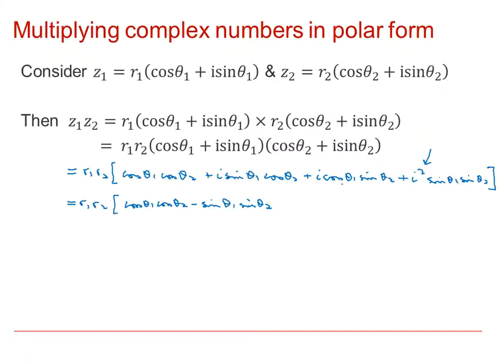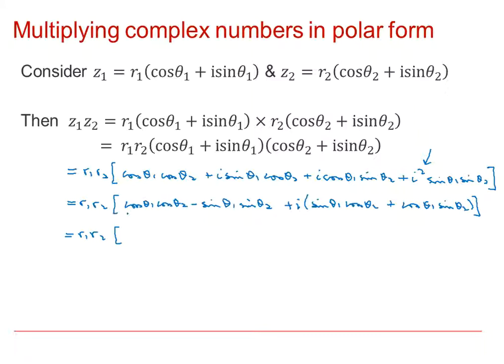And now with the remaining two terms in the middle, I'm going to take i out as a common factor. So that's i times sine theta 1 cos theta 2 plus cos theta 1 sine theta 2, which is r1 r2.